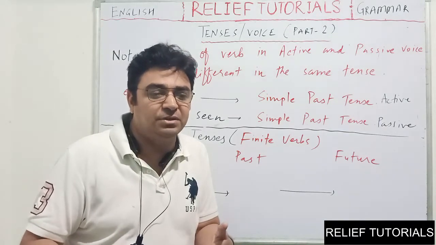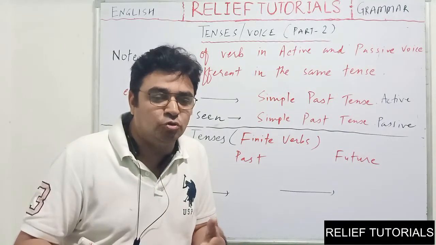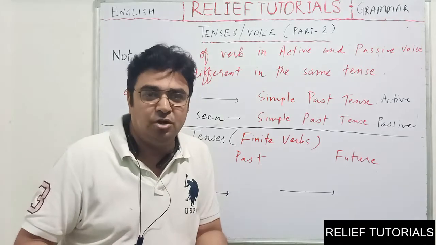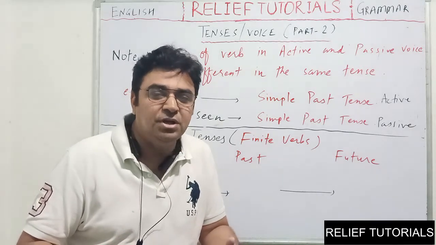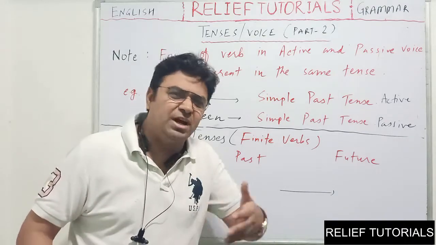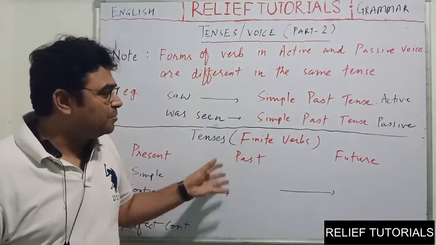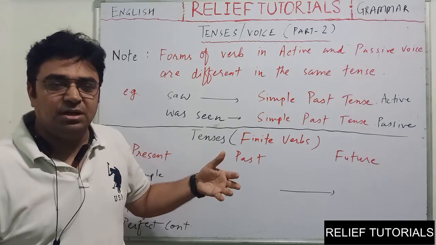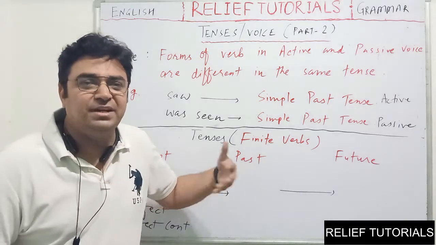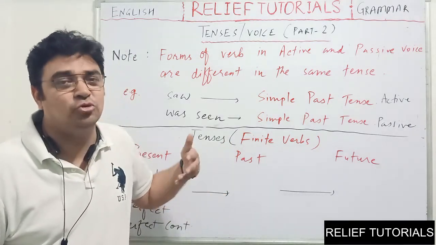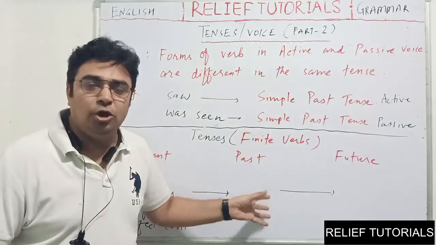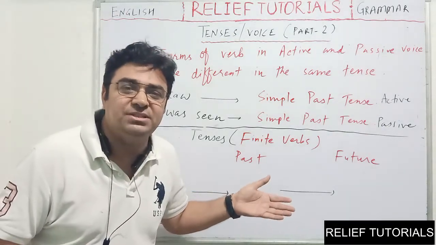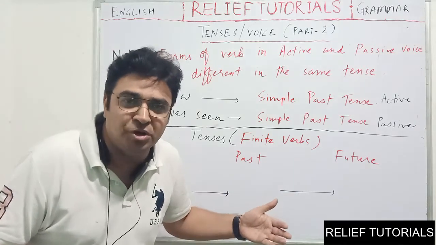Certain tenses deal with the verb that shows possession over something or relation with somebody. They are called the tenses dealing with the verb to have. So there are different tenses, but these are the main tenses getting involved in sentence formation, dealing with action verbs. So we have to see all these 12 tenses along with the active voice sentence structure and passive voice sentence structure.